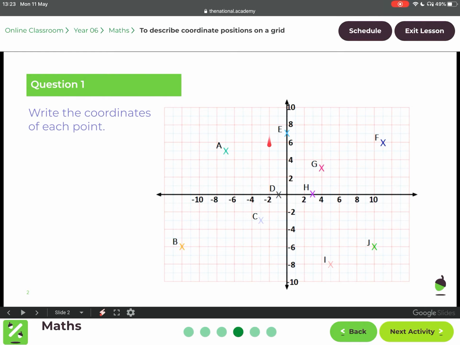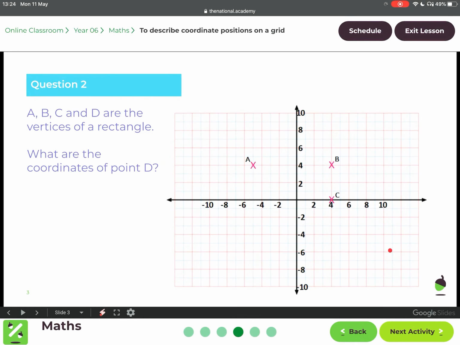E would be 0, 7. F would be 11, 6. G would be 4, 3. H would be 3, 0. I would be minus 8, negative 8. J would be 10, negative 6.